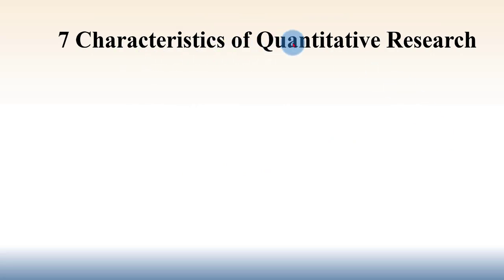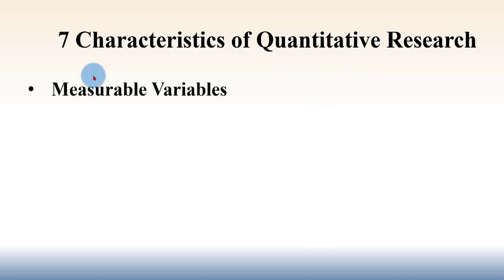So here's 7 characteristics of quantitative research. Now, there are other lists of what the characteristics of quantitative research should be, but these are the ones that I picked. Number 1, you should basically use measurable variables. There are certain variables you should try to keep away from. Example, happiness, right?